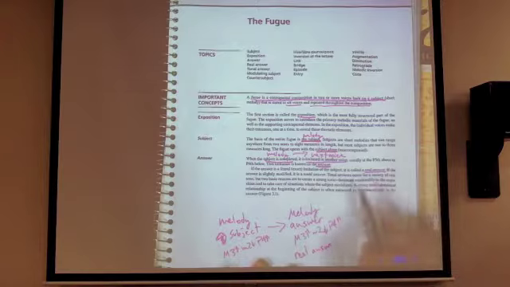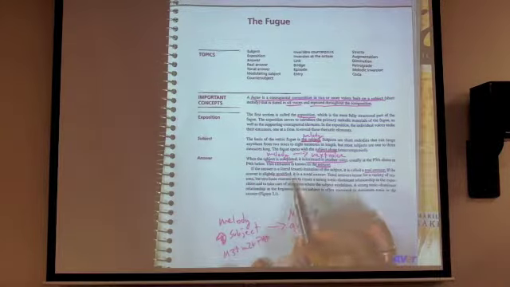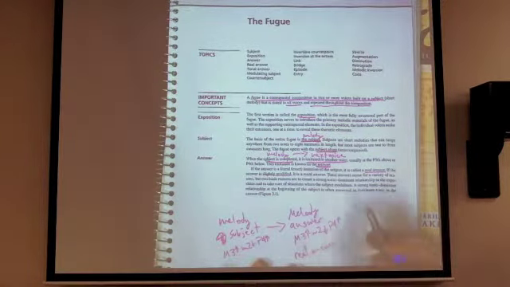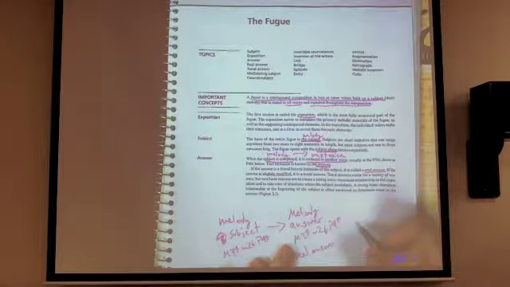Okay? Now, if the answer is slightly modified, then it becomes a tonal answer. So say maybe we want to stay in the same key, right? We don't want to add any sharps and flats to it.